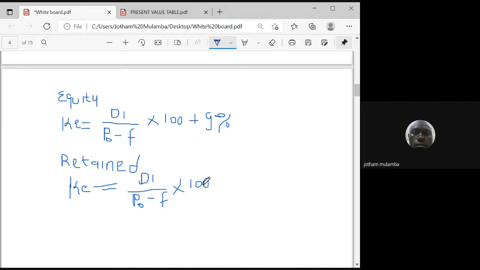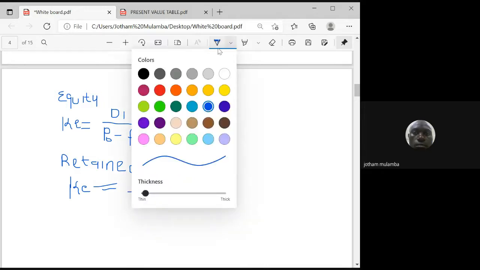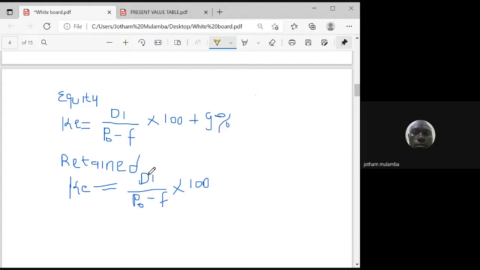Note this. Let me pick a different color so that I'm able to illustrate. The formula for cost of retained earning is more or less the cost of ordinary share, save for growth. We have just picked the formula for ordinary share, only that you do not add growth.